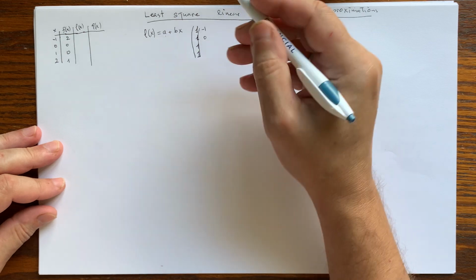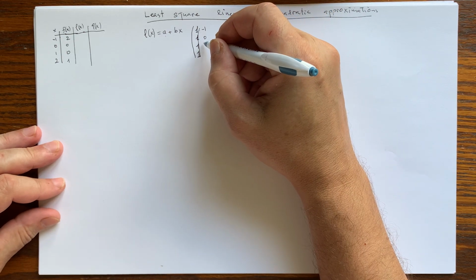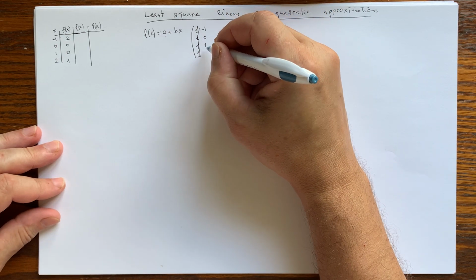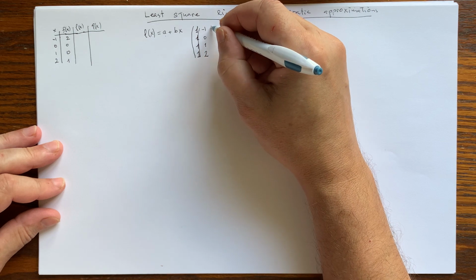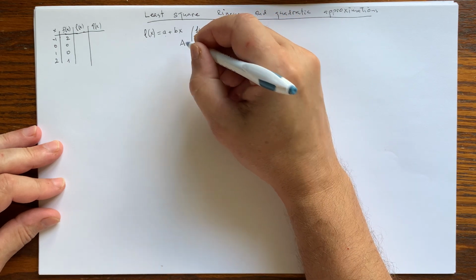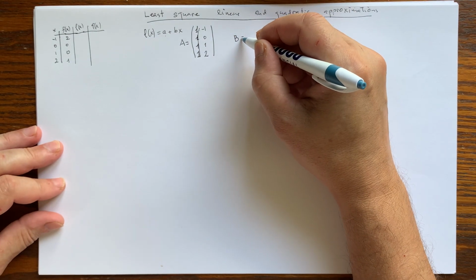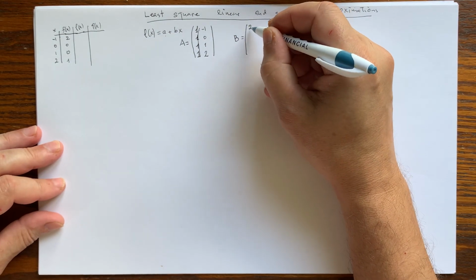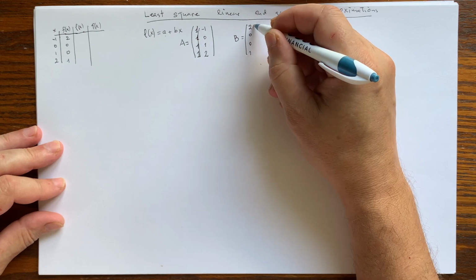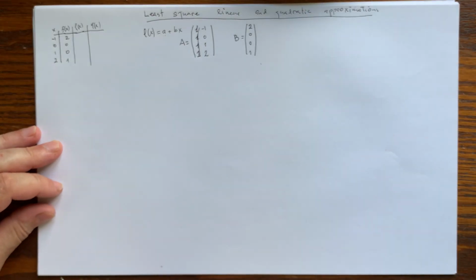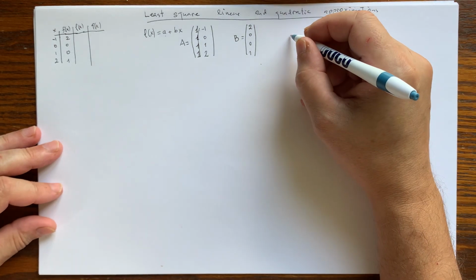These are coefficients for A, and then coefficients for B will be x values we substitute. And that is the matrix of the left-hand side of the system, and on the right we will have the answers given to us, this f of x values. So that is the system we are trying to solve.